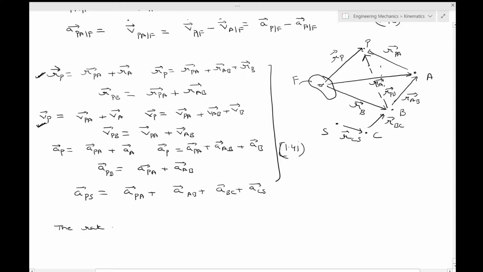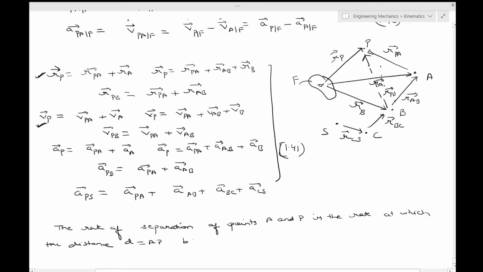The rate of separation of points A and P, sorry, A and P, is the rate at which the distance D is equal to AP between them increases with time.